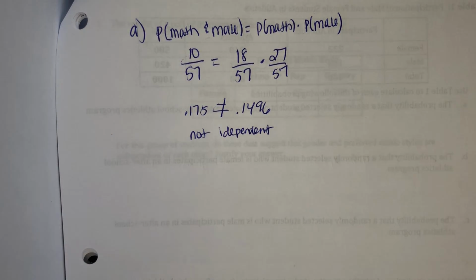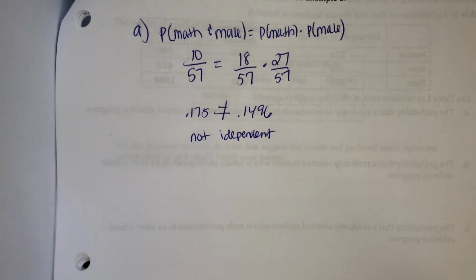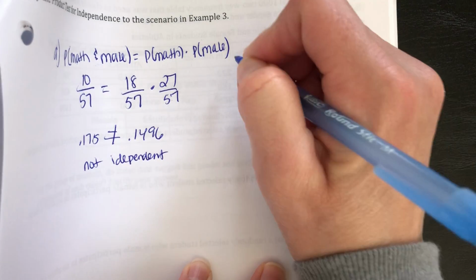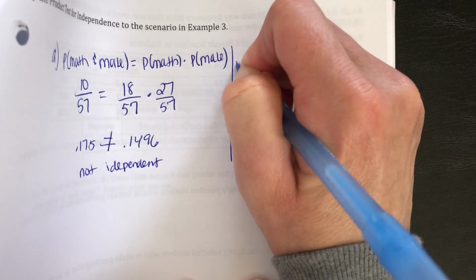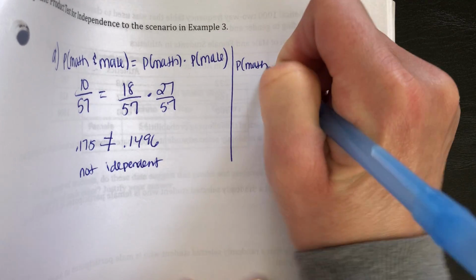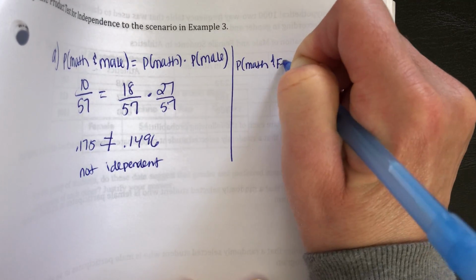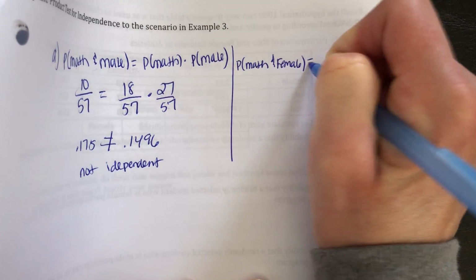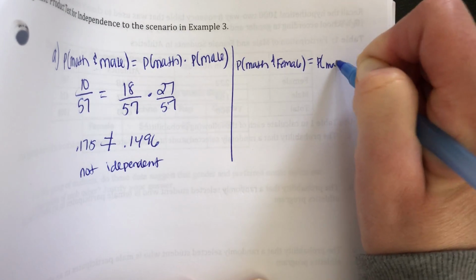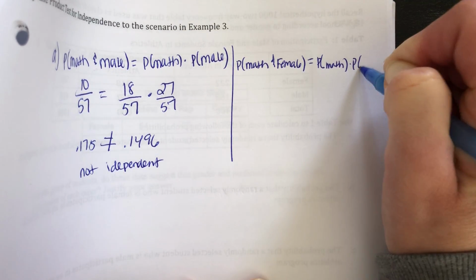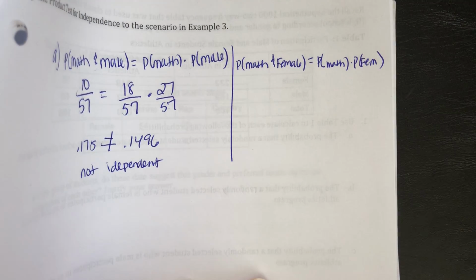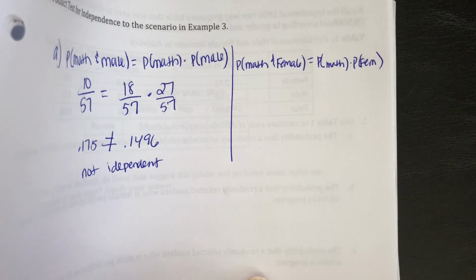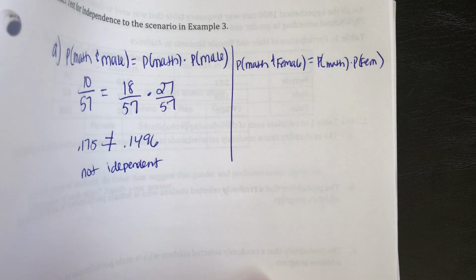or therefore dependent, okay? Now I can do the same thing with the other formula for the females. Probability that someone likes math and is a female equals the probability that someone likes math times the probability that they are a female. All right, FEM for female. Okay, you can go ahead and get these numbers on the front side and then stop the video and check back when you're done.